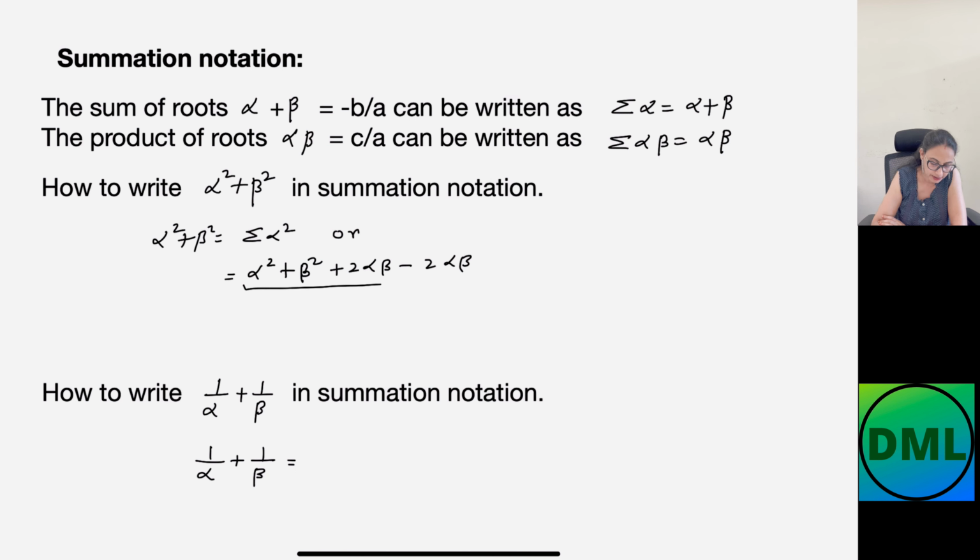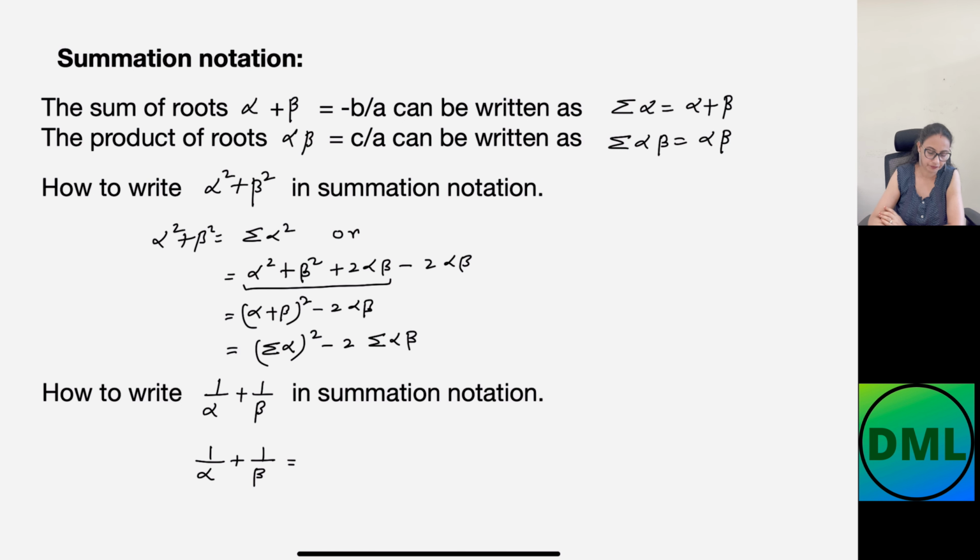The first three terms will be written as alpha plus beta the whole square minus 2 alpha beta. In the summation form, this will be written as sigma of alpha the whole square minus 2 sigma alpha beta. This is the sigma notation for alpha square plus beta square.